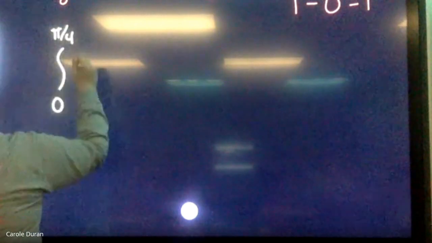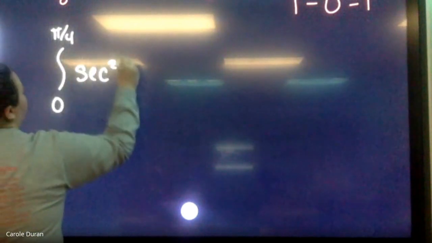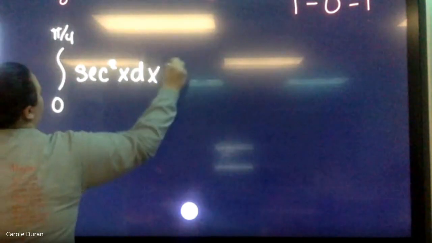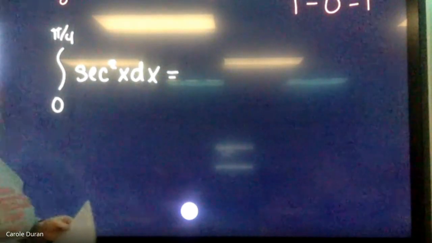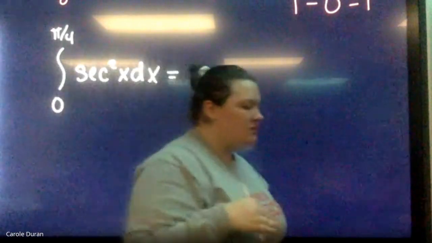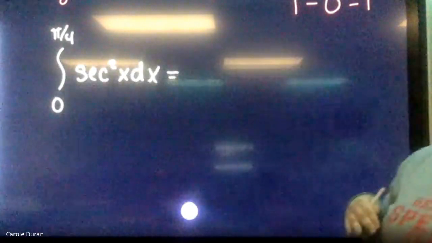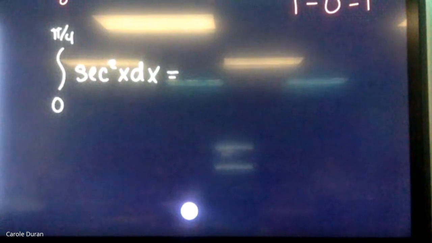So now let's go from 0 to pi over 4 of secant squared x. The first thing I need to do is identify the antiderivative of secant squared x. No, that would be the derivative of secant. What is the derivative of secant squared x? You're going to want to go back to where we did trig derivatives.